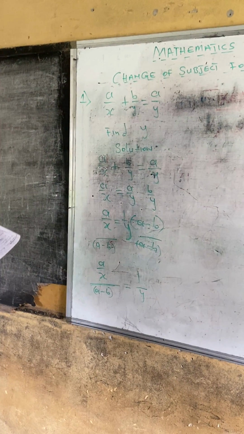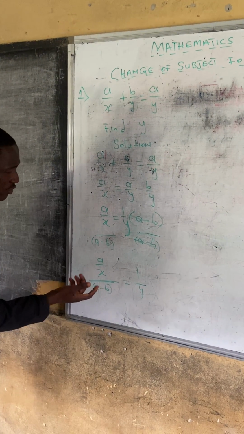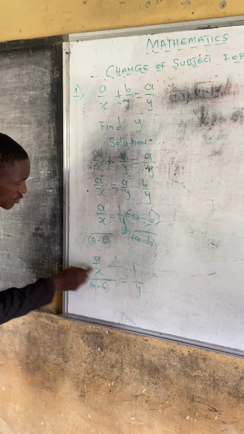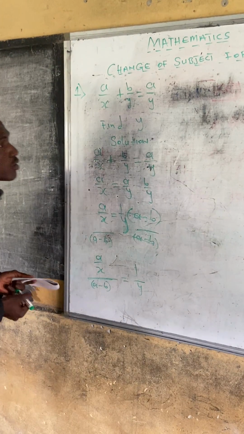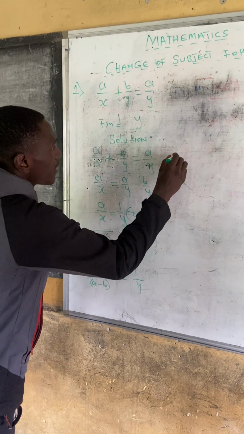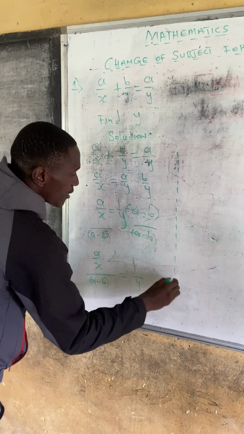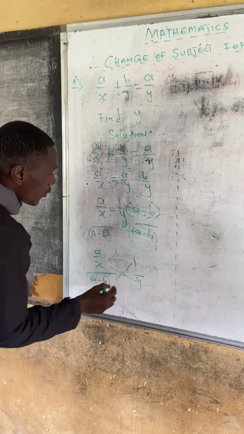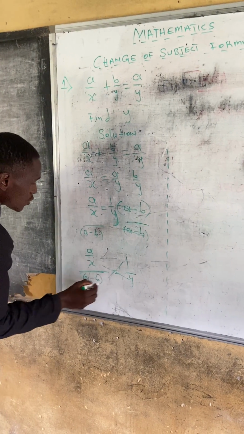Now if you look at this, it is nothing but this over this equal to this over this, so we can cross multiply. If we are going to cross multiply here, we use y to multiply this and use 1 to multiply this.